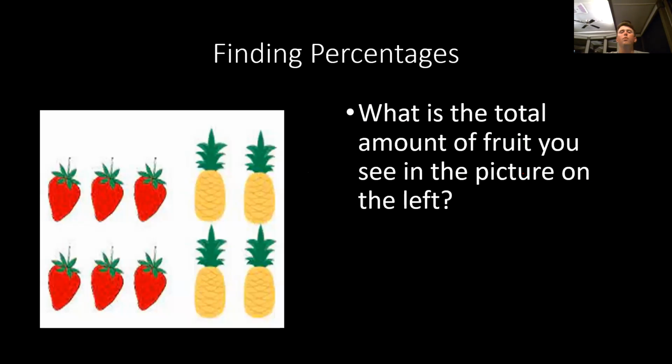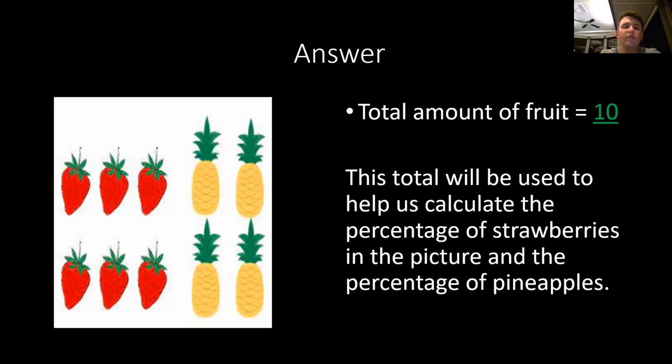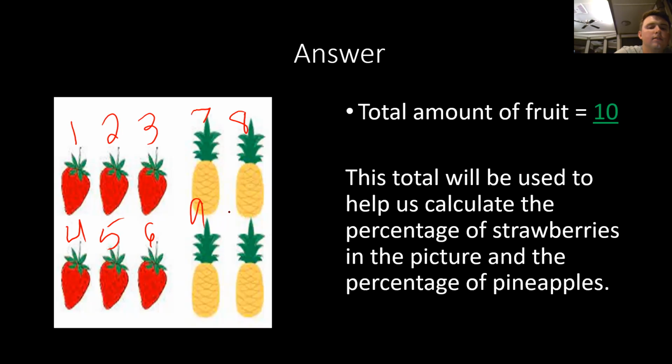Finding percentages. In order to find the percentages of images here, we have to find the total amount of fruit you see in the picture here on the left. The total amount of fruit in the image that you see on the left is 10, because you have 1, 2, 3, 4, 5, 6 strawberries, and then you have 4 pineapples.